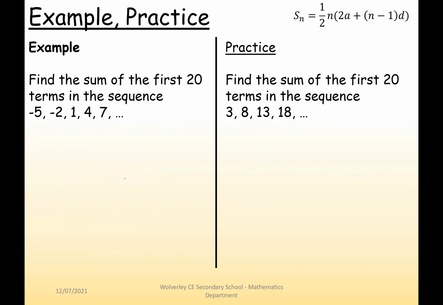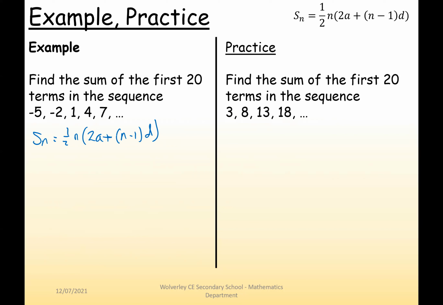Right, write down the example in your orange book. Find the sum of the first 20 terms in the sequence -5, -2, 1, 4, 7, and so on. We're going to use our formula, so we're going to write down the formula at the beginning. Sn is a half n (2a plus n minus 1 times the difference).